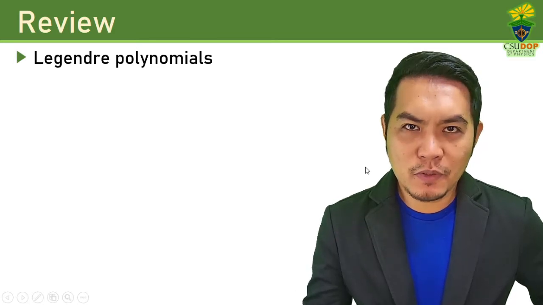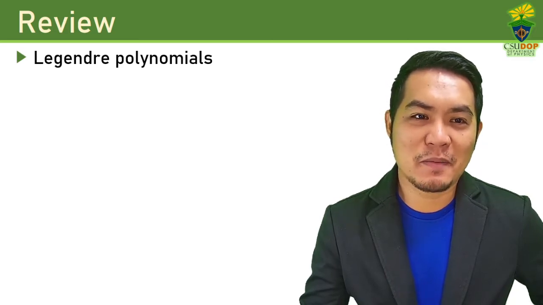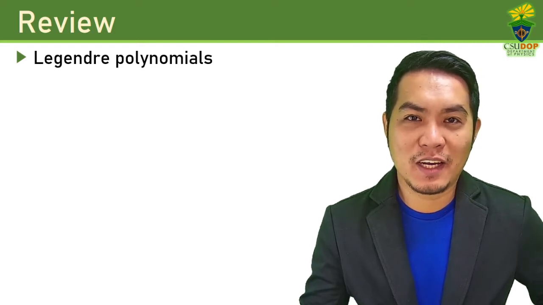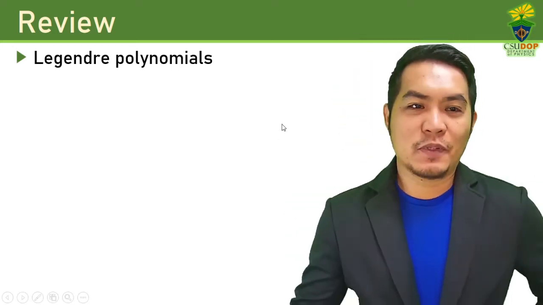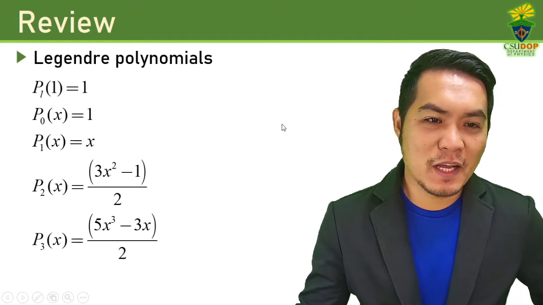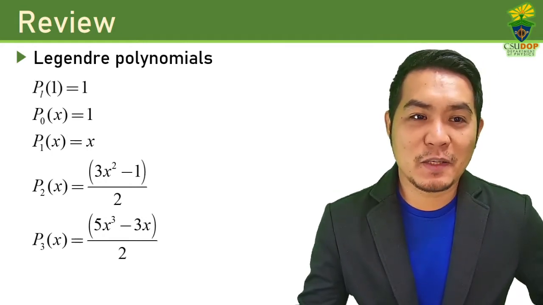I don't know if you have encountered Legendre polynomials, but you should have encountered them in your mathematical physics, but maybe due to pandemic reasons you have not gotten up to this topic yet. But I'm just going to introduce some of the Legendre polynomials here.